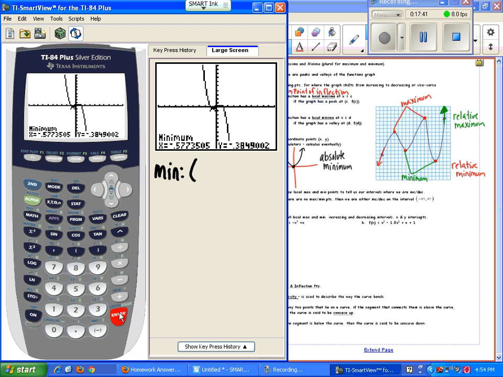For the relative minimum, I'm going to round to 4 decimal places, so negative 0.5774, comma, and since this is a minimum point, I'm going to write the y coordinate as well: negative 0.3849.